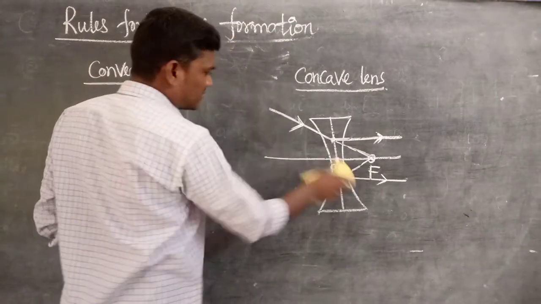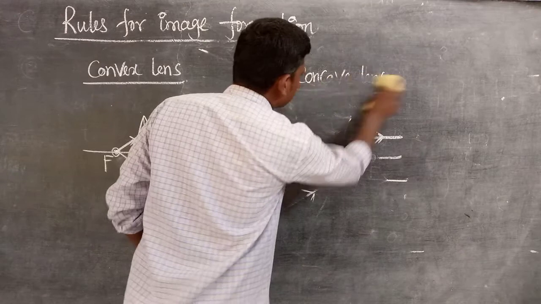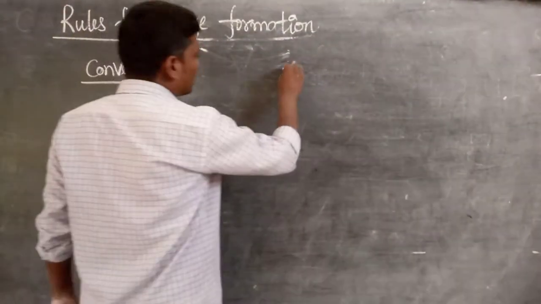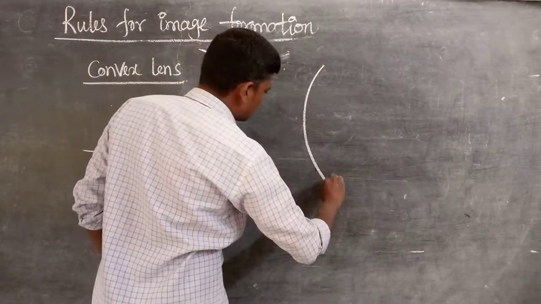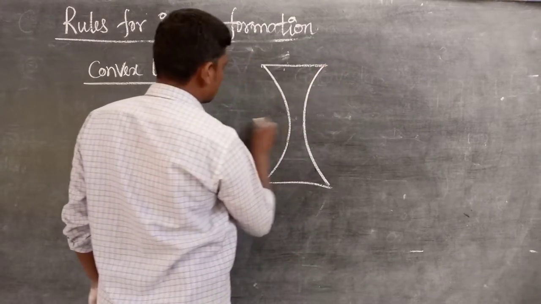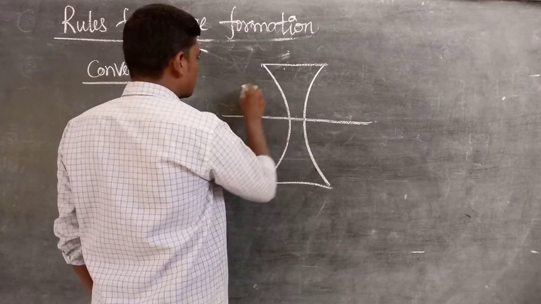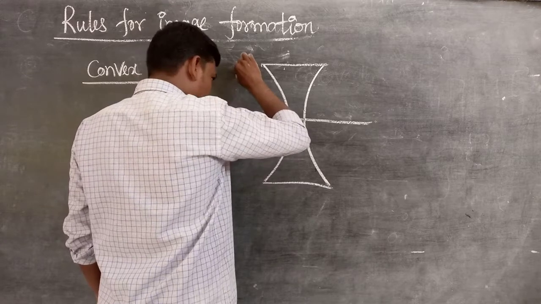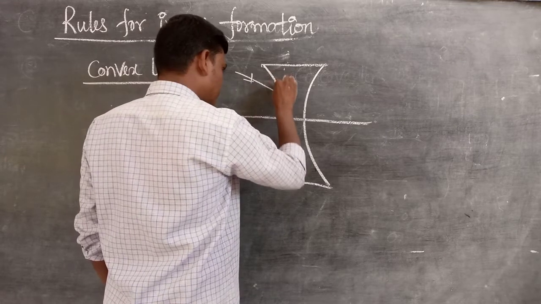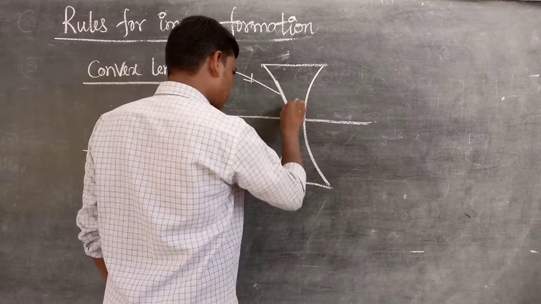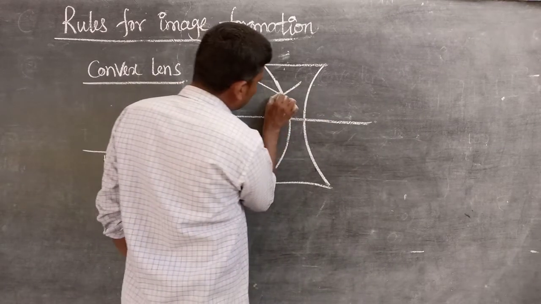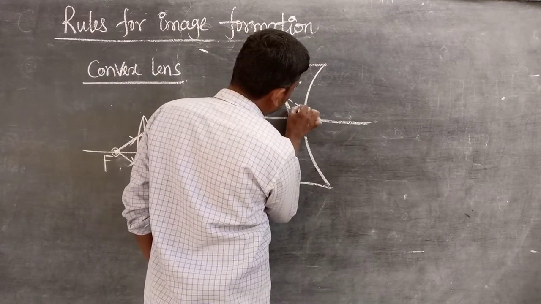Trying to draw one side. This one I will explain here now. If light falls here, it is the incident ray. That is the initial path of the incident ray.